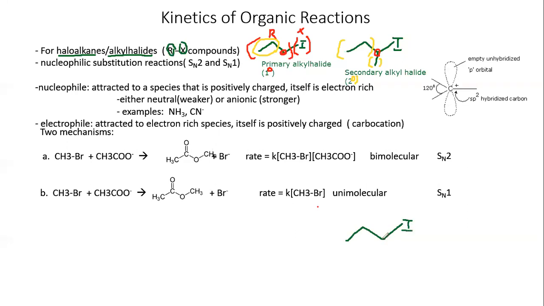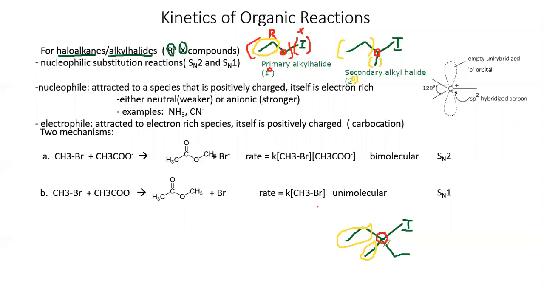Now we're going to put two sticks off of that carbon attached directly to the halogen. You count now, we have a total of 3 different sticks, or carbon groups.